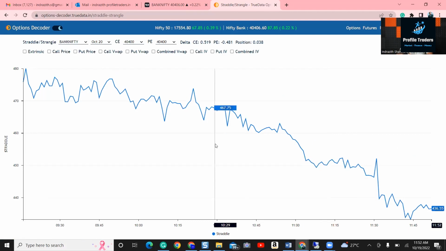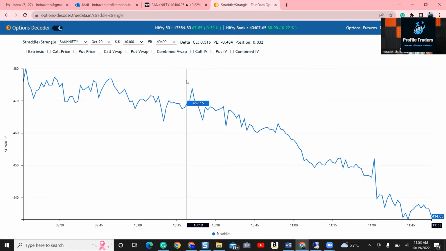Now straddle strangle. So again there are many straddle and strangle traders at this point of time. So this gives the straddle strangle information for Bank Nifty at the 40,400 strike price. It gives delta and everything. Okay, you can select everything if you want to see anything else also.